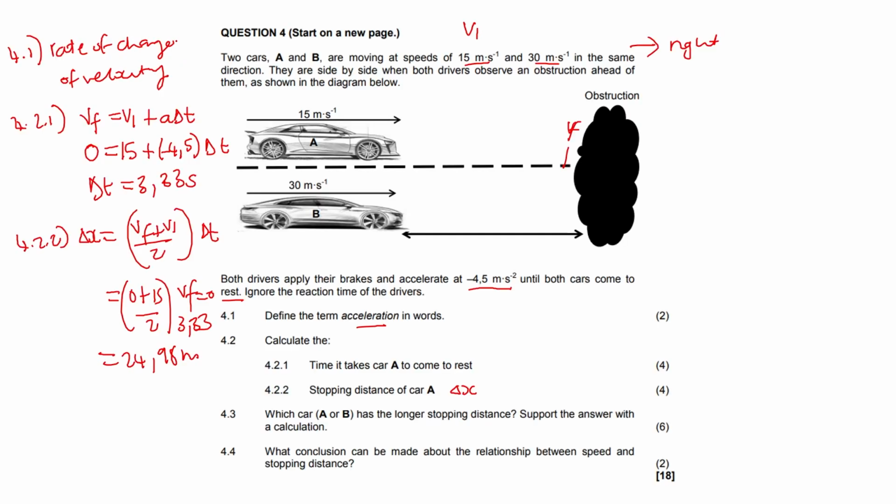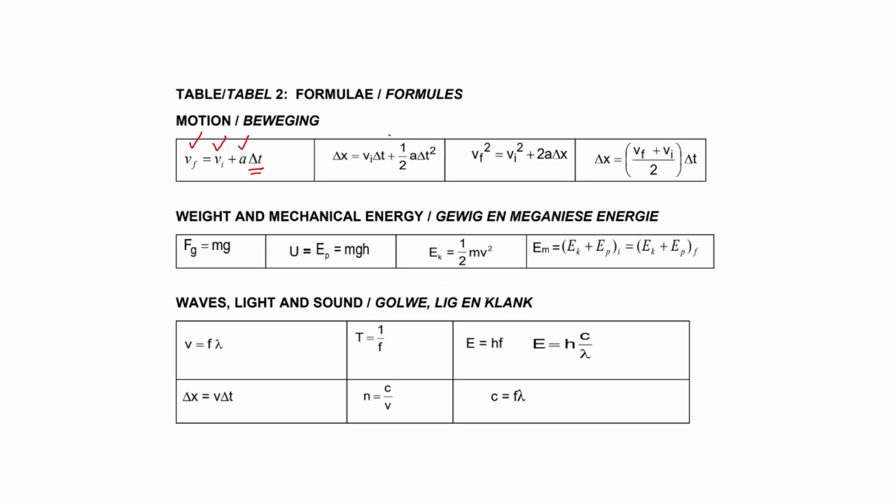We use whichever formula you want, where you have everything. What do we have of car B? We have the final velocity of car B, which is 0, because they both come to rest. We have the initial velocity of car B, which is 30. We have the acceleration of car B, which is also minus 4.5. And that's all we have of car B. So we can't use a formula that has time. So we have to use this one, in my opinion.